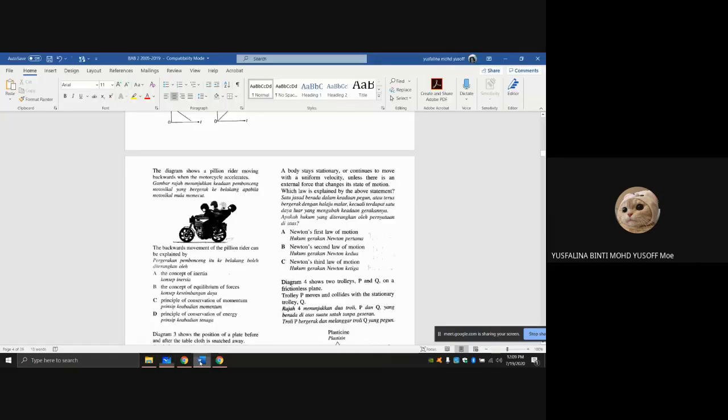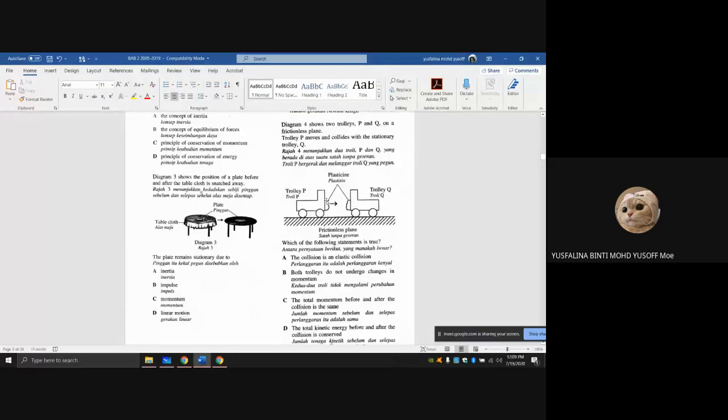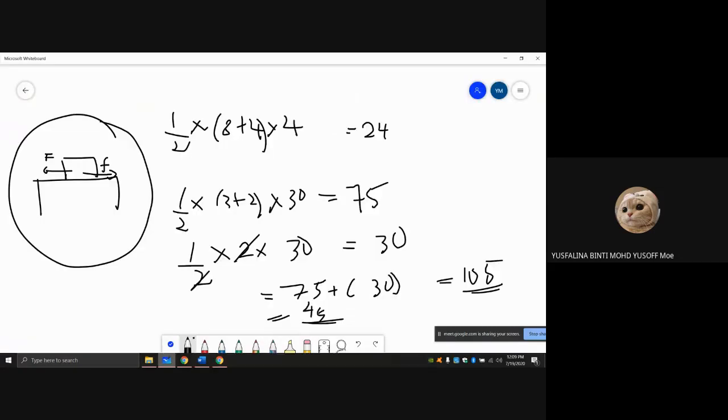The next one, diagram 4 shows two trolleys P and Q on a frictionless plate. Which of the following statements is true? You can see there is a plasticine there, so this is not an elastic collision. This is an inelastic collision. Let's make a little revision here, elastic and inelastic.